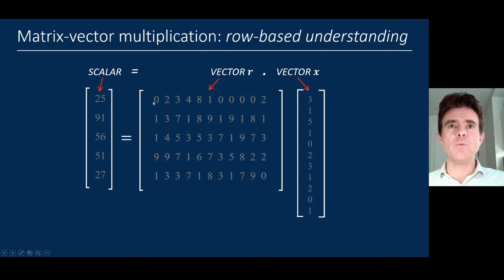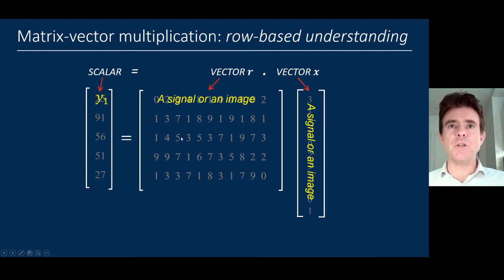So that means we're now considering a row of the matrix, and that's going to be a row vector R, and that delivers this output here when that row vector is in scalar product or dot product with this input vector X. That means we're taking 0 times 3 plus 2 times 1 plus 3 times 5 and so on all the way up to 2 times 1. And so that process is none other than the scalar product of two vectors.